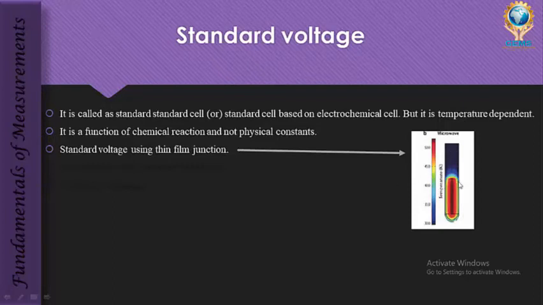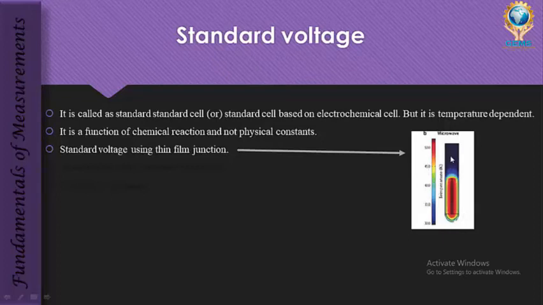You take a thin film junction, cool it to 0 degrees Celsius, and you pass microwave energy. When you pass microwave energy, it will have a frequency. Thus they found out the voltage. You can measure the voltage using the equation H into F divided by 2E, where H is Planck's constant, F is the frequency of the microwave, and E is the charge of the electron.